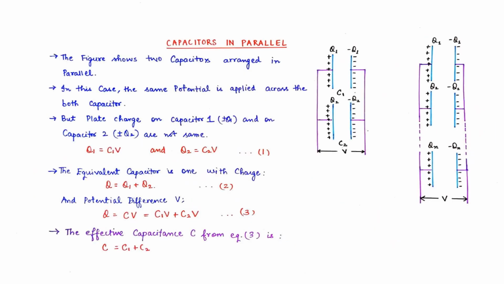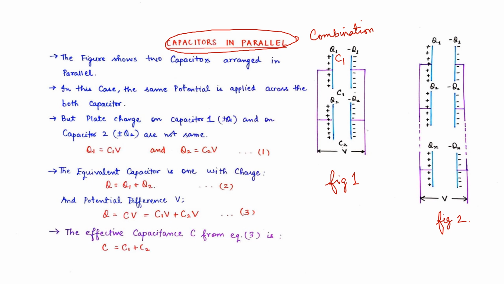Okay, now we will start capacitors in the parallel combination. See over here, this is figure 1 and this is figure 2. Here see, C1 and C2 are in parallel combination and voltage is provided across them.